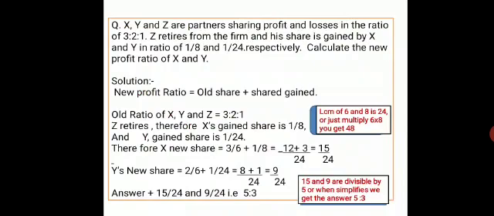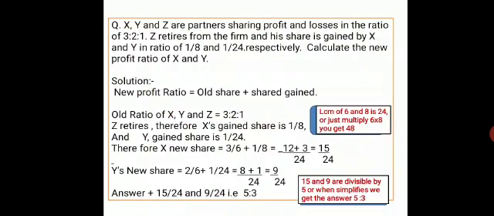So 24 plus 6 gives me 30 by 48. Or else, if LCM is used, the common denominator will be 24. So 24 will go in 6 how many times? 4 times, and in 8 it goes 3 times. So 3 into 4 gives me 12, and 1 into 3 gives me 3.